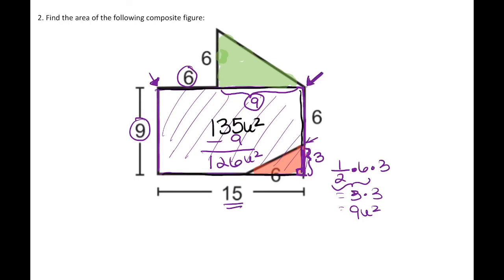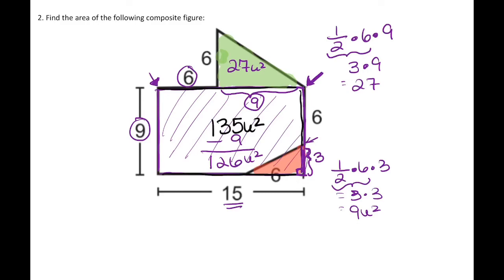So now we're just going to do the area of a triangle, which is 1/2 times 6 times 9 instead of 9 times 6. 1/2 times 6 is 3, and 3 times 9 is 27. So that's 27 square units right there.